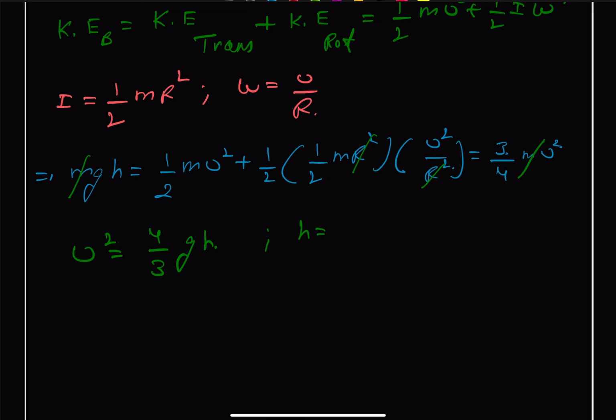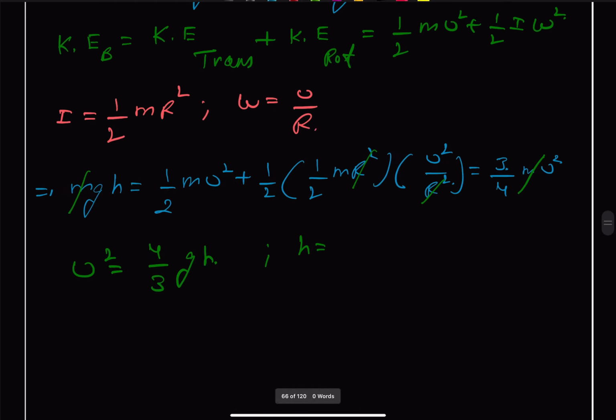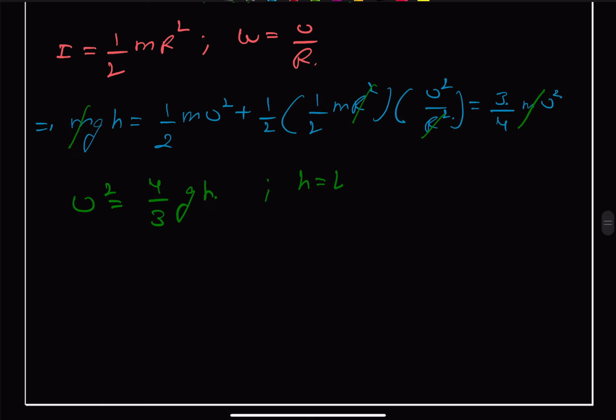And our height h, in terms of the length, let us suppose this length is L, so we can say h is equal to L sine of theta, which comes as 0.6 multiplied by 1 by 2, giving us 0.3 meters.